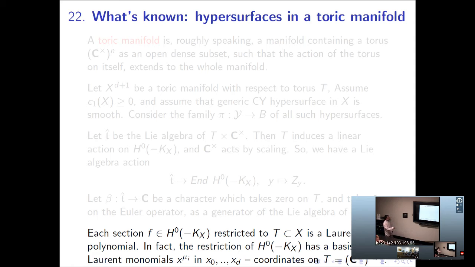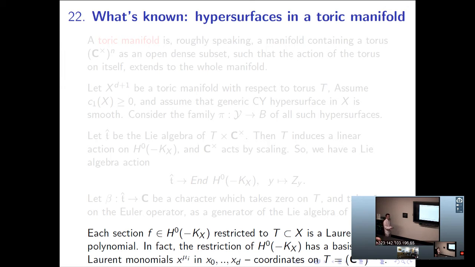So, for example, if X is P2, and we have a polytope for X, just for example, look at P2 and O of 3, which is an anticanonical line bundle, and we represent each global section of this anticanonical line bundle as itself divided by x0, x1, x2, where x0, x1, x2 are homogeneous coordinates of P2.